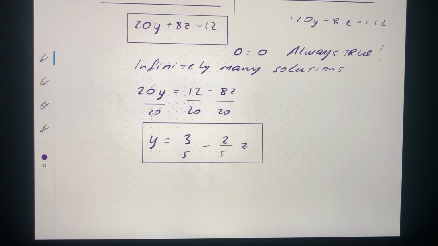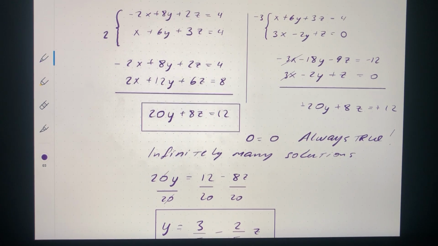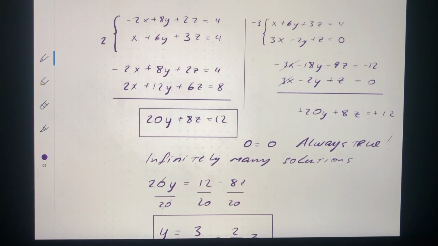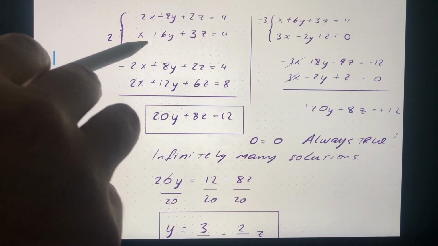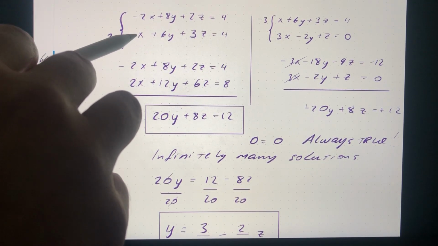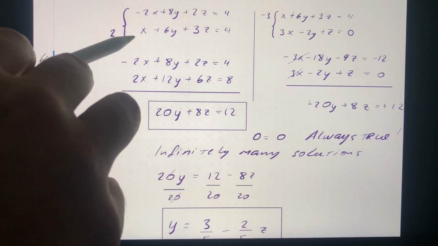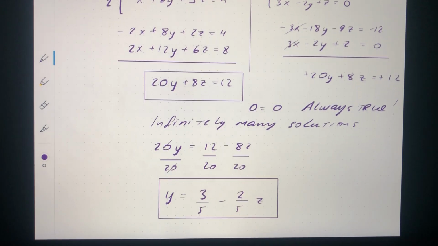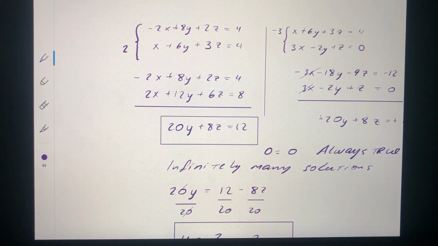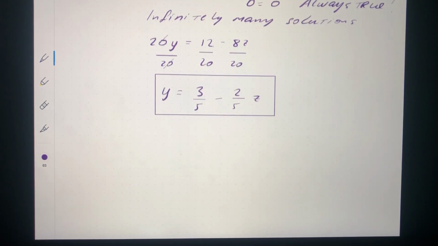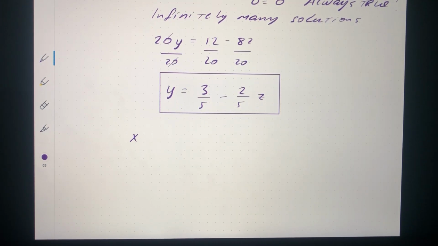Now we also need the x in terms of the same letter. We can use any equation that has x. Well, let's use the one that has x with a 1 to solve for it, and then we'll have our expression with just z's in it. So solving this equation for the x, we have x plus 6y plus 3z is 4.